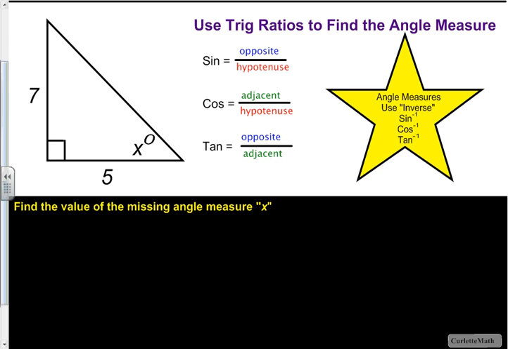Now, what we're going to do is find out what the angle measure is. Again, from this angle measure, we have the opposite, we have the adjacent, and always across from the right angle is our hypotenuse.